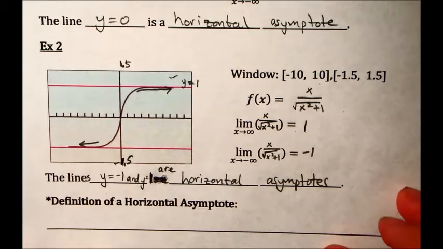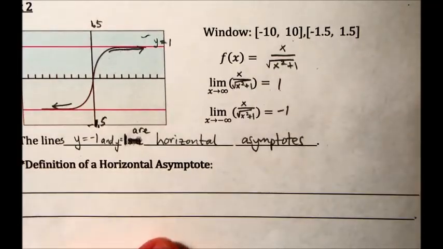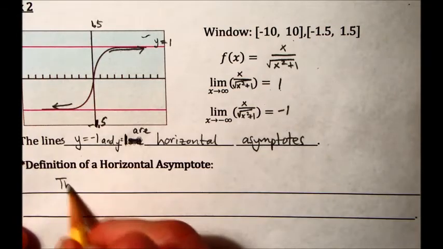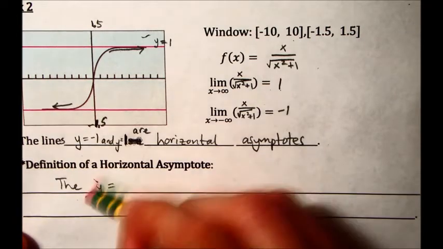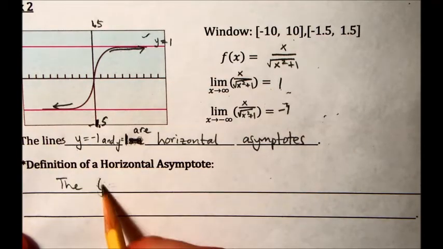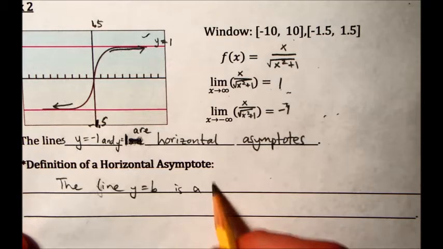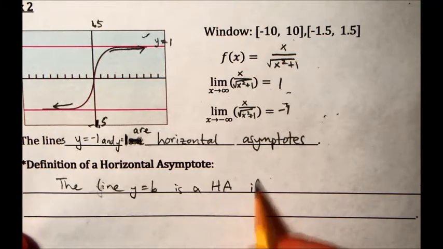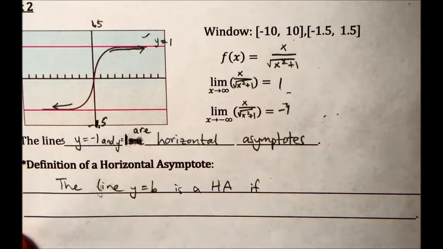Okay, so what exactly is a horizontal asymptote? Let's describe it this way. The line y equals b is a horizontal asymptote if, and then it can be either of the following two statements.